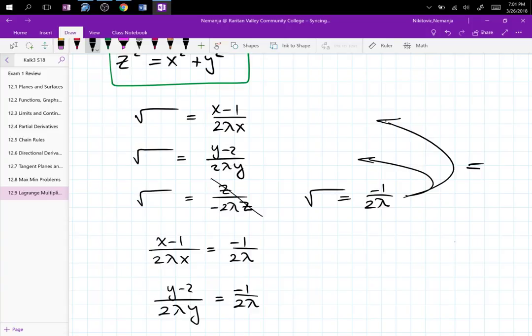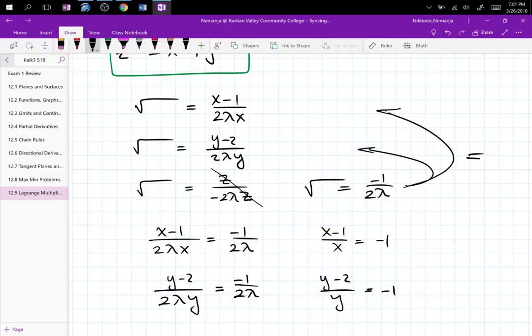This equation on top, multiply both sides by 2 over lambda, I'm getting x minus 1 over x is equal to negative 1. The bottom equation, again, times 2 lambda on each side, y minus 2 over y equals negative 1.